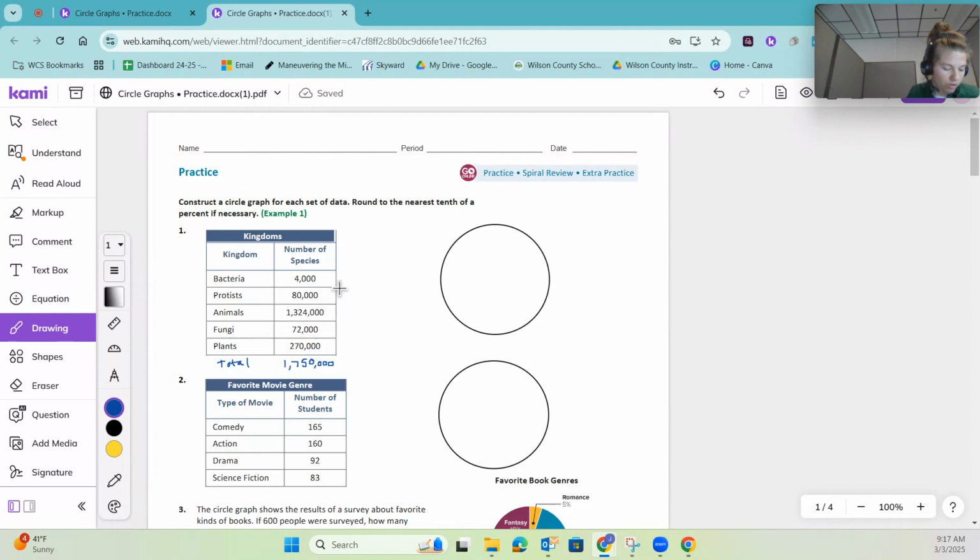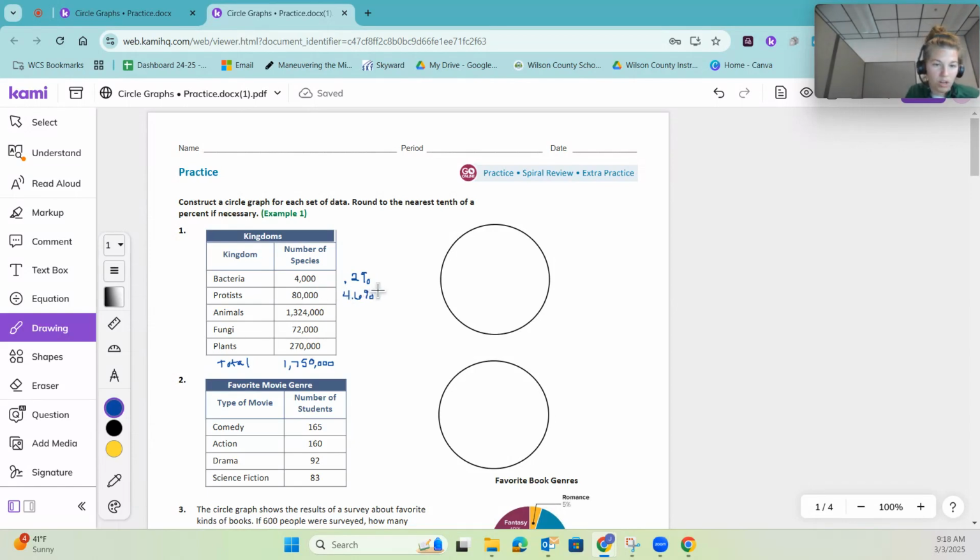Okay, so 4,000 out of that total is going to be 0.2%. Okay, that's rounded to the nearest tenth. And then 80,000 out of that total is 4.6%.